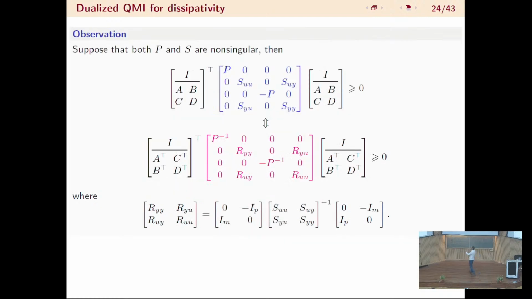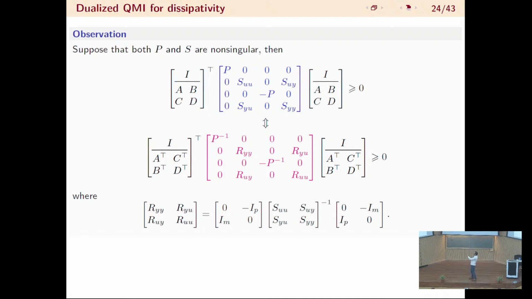Now, if I look at the blue quadratic matrix inequality I obtained from dissipativity analysis, then I can write it in this way if both P and S are non-singular. If P and S are non-singular, this big blue matrix is going to be non-singular, and therefore I can apply that result and write this one, where R matrix is obtained from this multiplication.